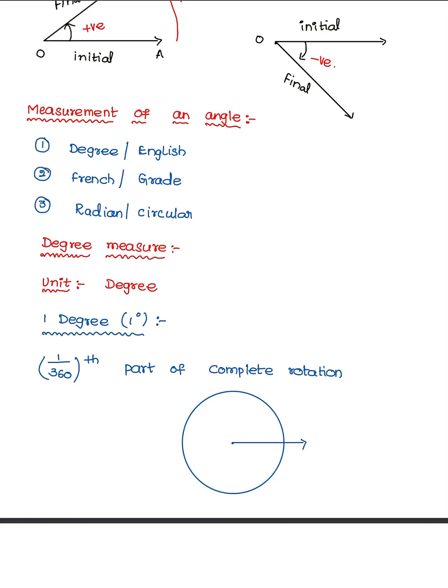So if this angle is divided into 360 equal parts like this, the angle in each sector, we call it 1 degree. Like this, we are dividing this into 360 parts.